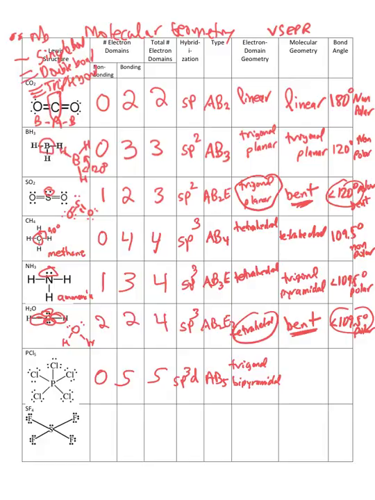It's two 3-sided pyramids base to base. So once again, look at a picture in your book, or look at some models to try to visualize this. Since there are no non-bonding pairs of electrons on the phosphorus, the molecular geometry and electron domain geometry are the same. So it's trigonal bipyramidal. And it turns out there are actually 2 different bond angles in this configuration.